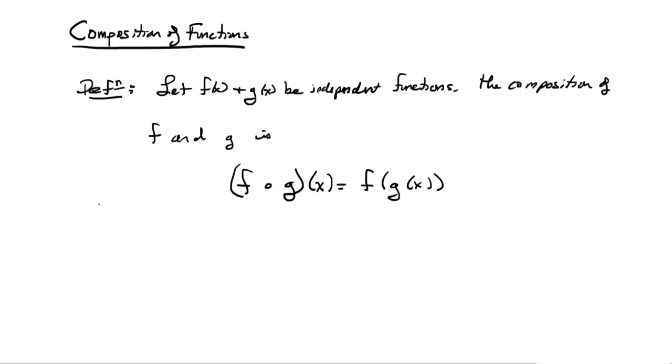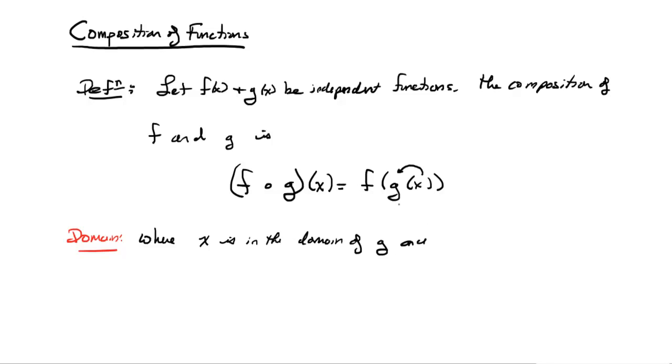And then they have a little domain portion here, a little extra that talks about how to determine the domain. It says where x is in the domain of g, and that makes sense.